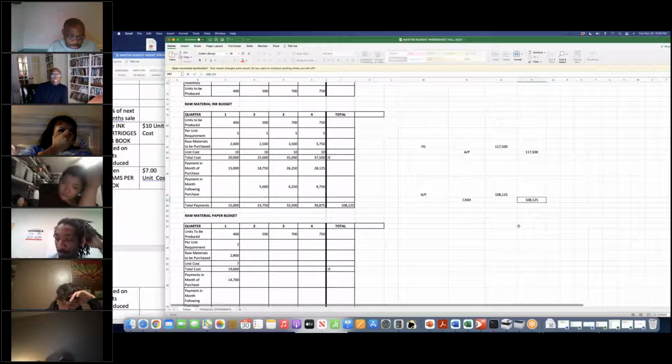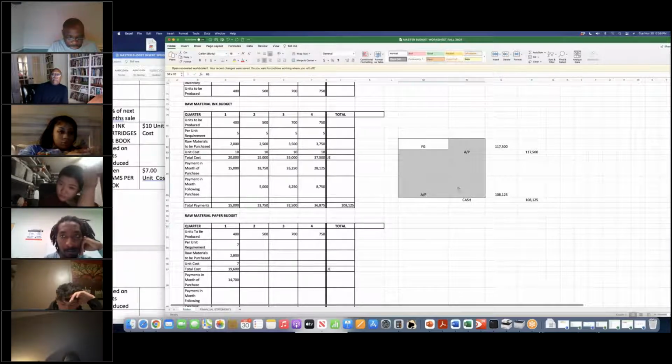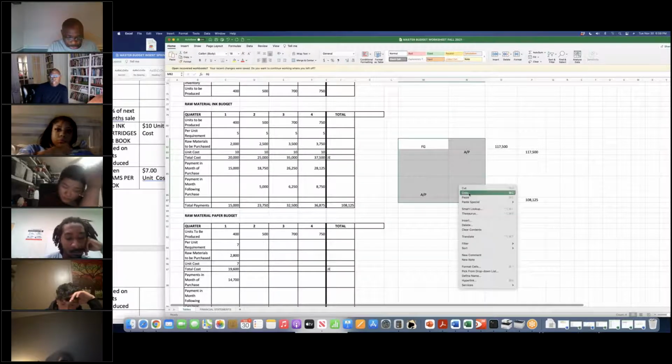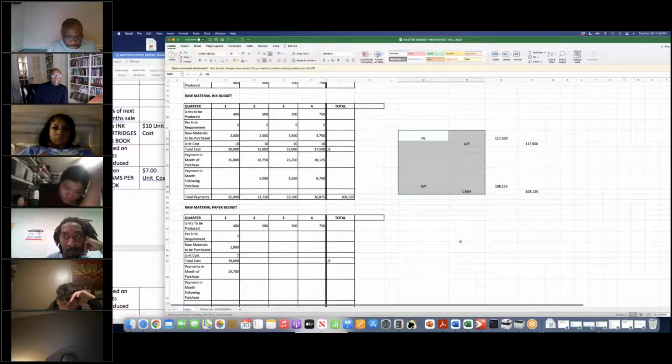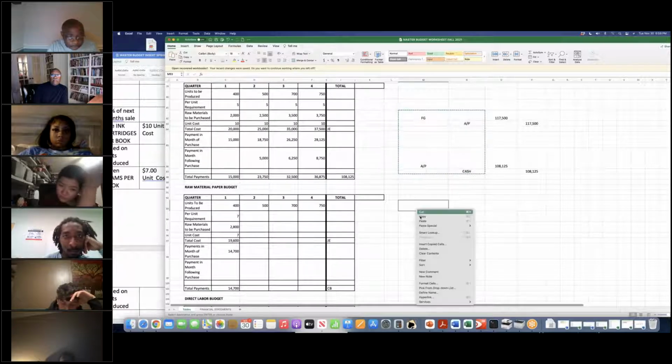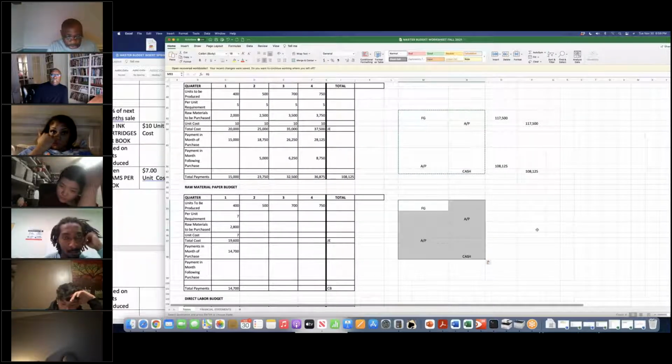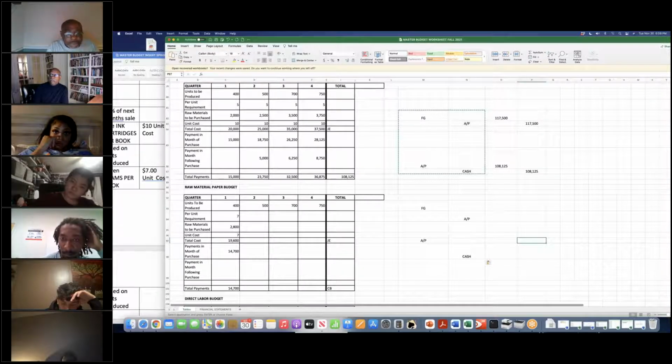You all got to make these same two journal entries down here for paper. Somewhere down here, you got to put the amounts in.